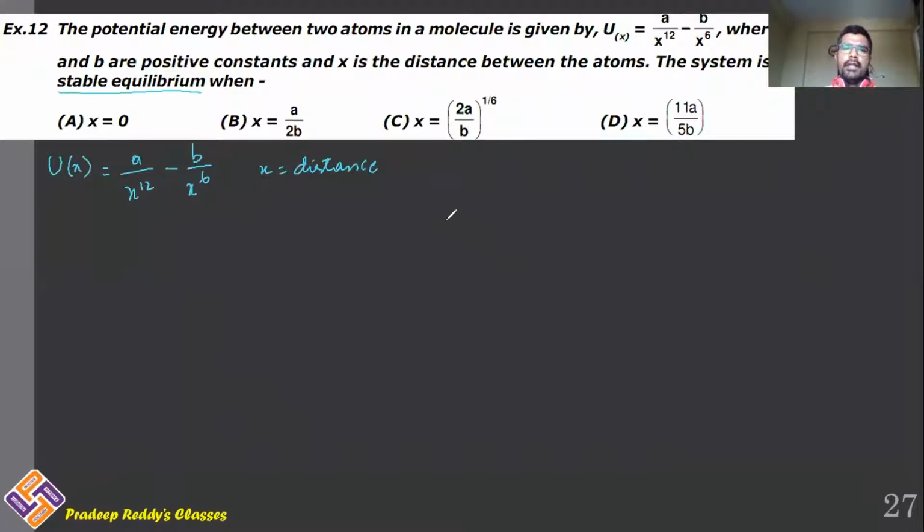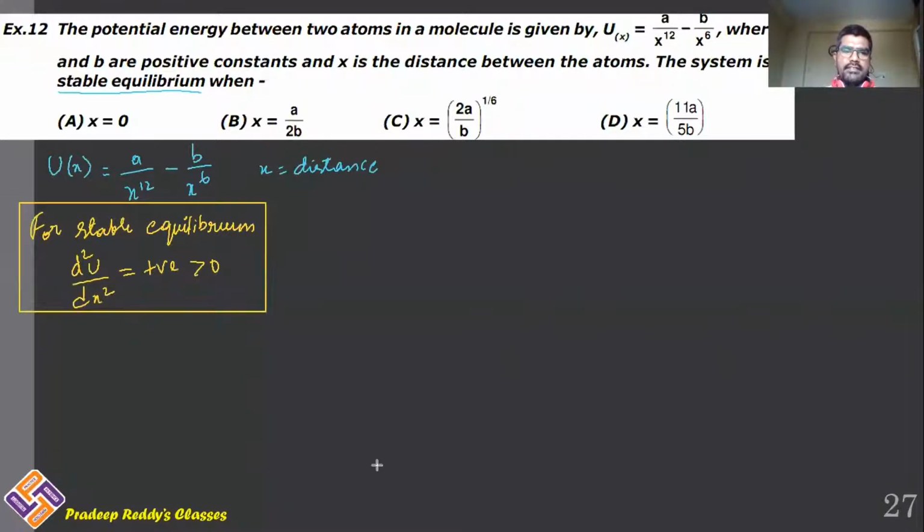Now, to answer this question, we have already learned that for stable equilibrium, the condition is d square u by dx square is greater than 0. This is the condition for stable equilibrium which we have learnt.